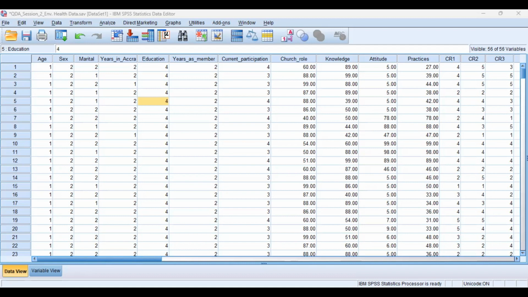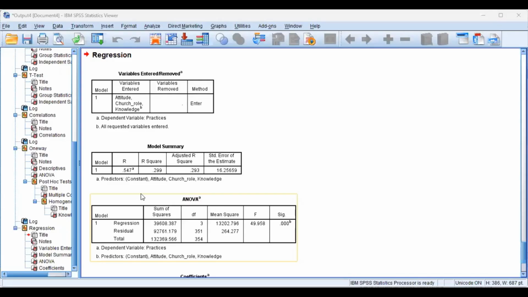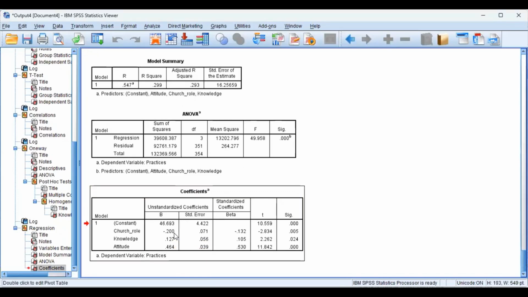With regression, the most important table is the coefficient table. So I'll copy the coefficient table and paste it in Word and convert it. But we'll still need the R squared, the F value and the P value.